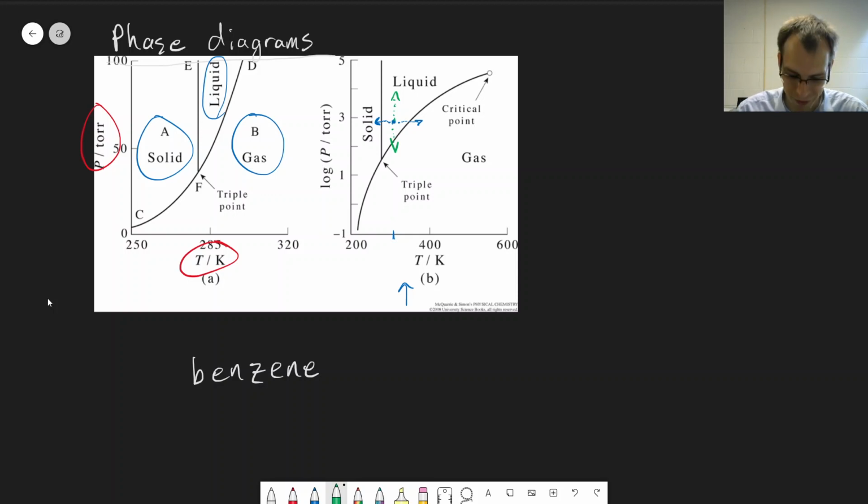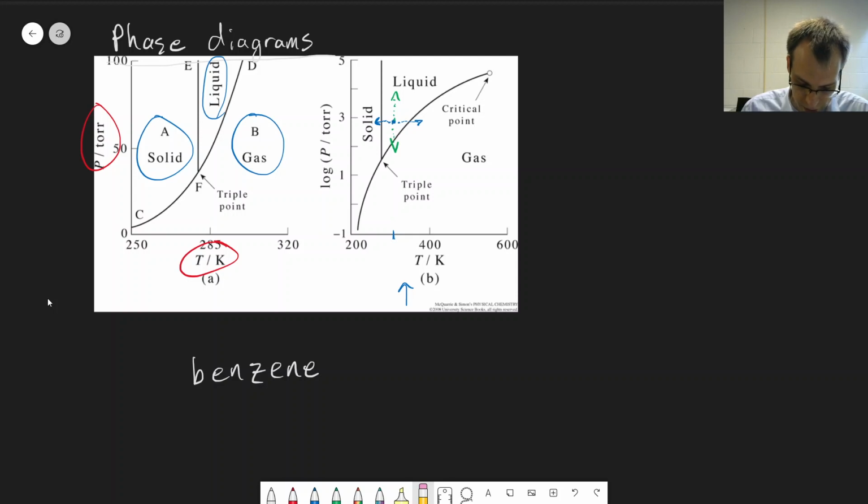It stays as a liquid, right? We can keep going further up in pressure. But if we decrease the pressure, eventually benzene will boil and turn into a gas. And so we take advantage of that fact in things like a rotovap to boil off low volatility liquids and things like that. Okay, so that's some first things to look at on a phase diagram.